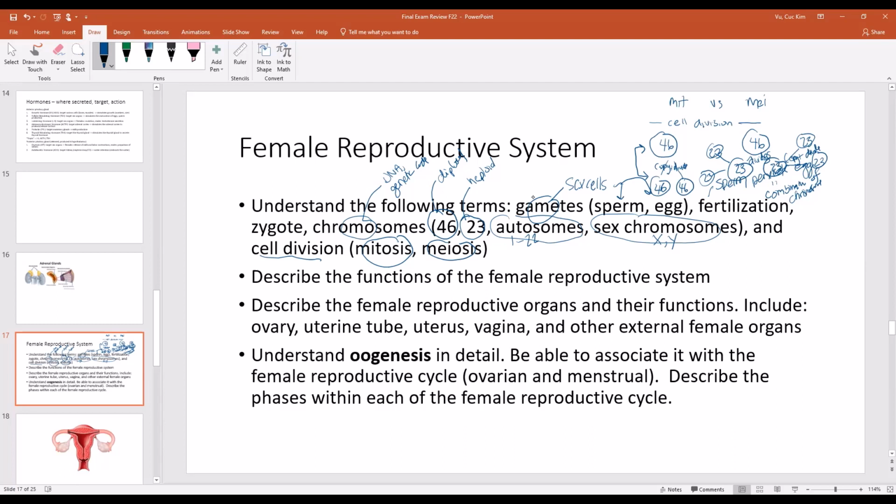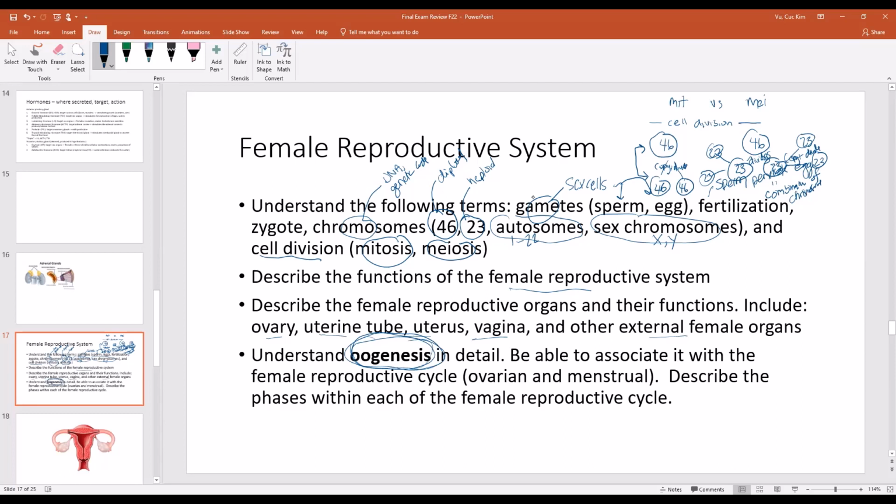So then you will also want to describe the female reproductive system, the female reproductive organs. So the ovary, the uterine tube, uterus, vagina, and other external female structures. And then students most have problems with the oogenesis, and you'll want to be able to go through it in detail.